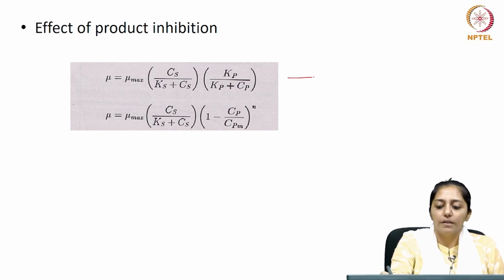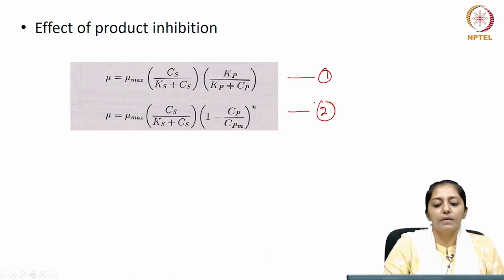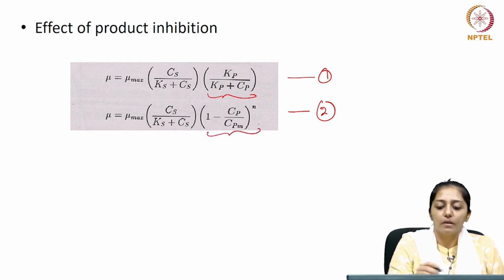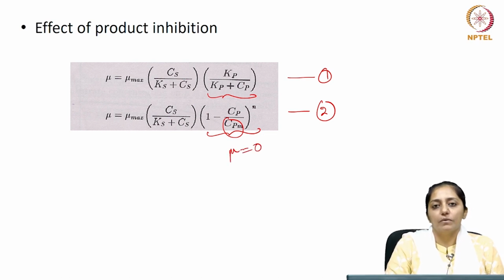So, if you see here the two equations, they show a similar behavior as the substrate inhibition, where equation 1 shows an asymptotic behavior in which the specific growth rate of the culture reduces to 0 or nearly 0 at infinite concentrations of the product, while in the second equation, at a defined concentration given as CPM, the specific growth rate of the culture becomes equal to 0, which means complete growth inhibition can be observed at a defined concentration of the product.